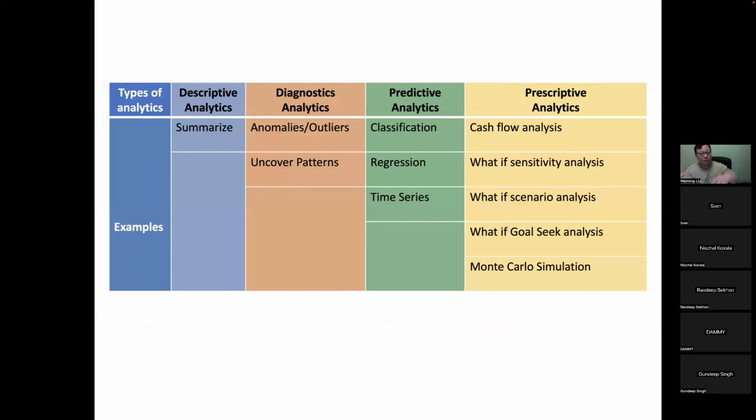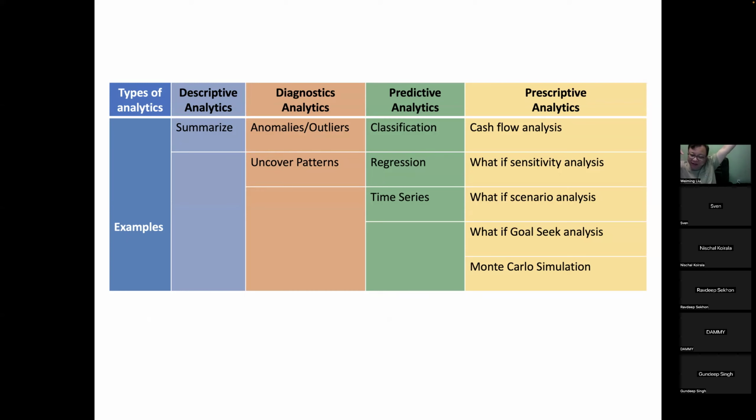So to summarize, like average, like highest number, lower number, this is descriptive. Diagnostic analysis would be to find out some pattern, like the lady's shopping pattern, right? Predictive analytics would be using the cluster to see there are 3 groups, or using a linear regression to figure out that linear relationship.